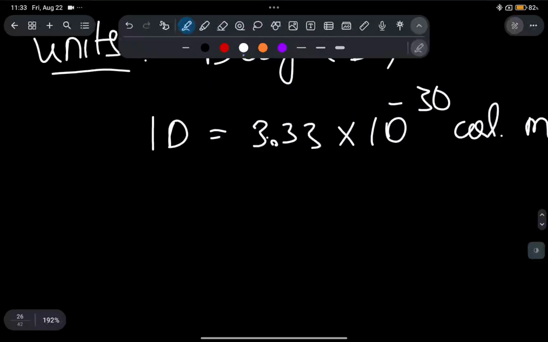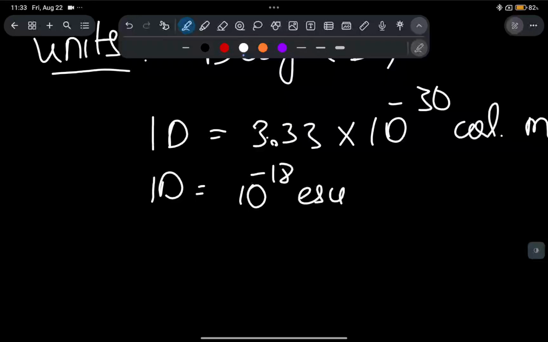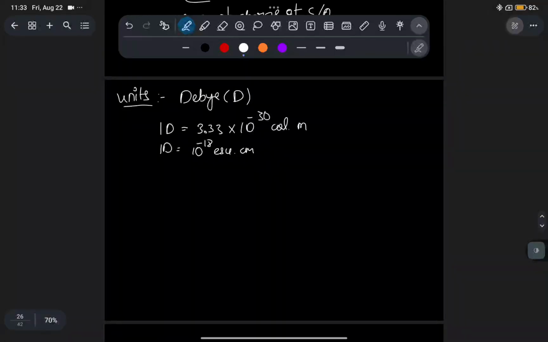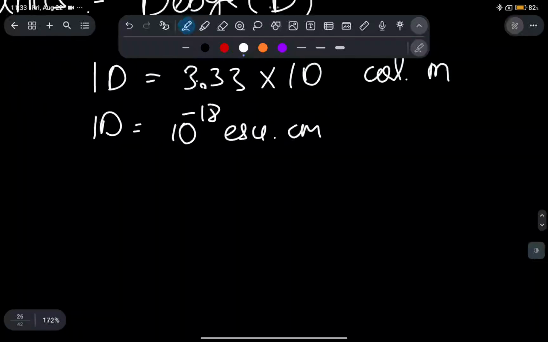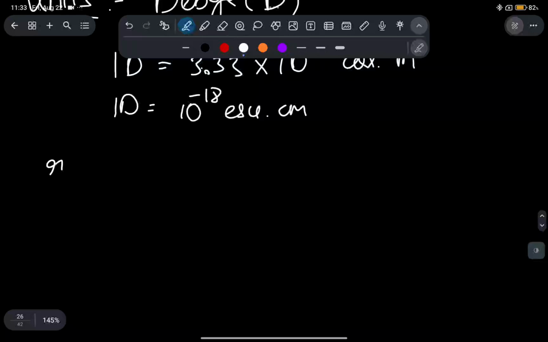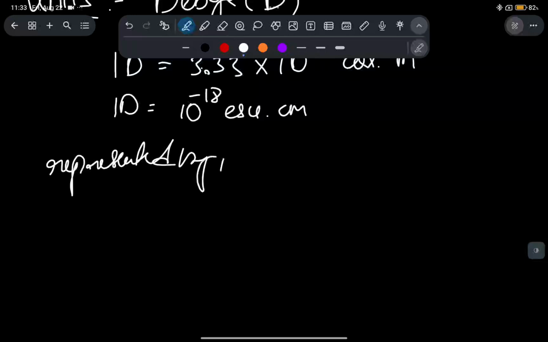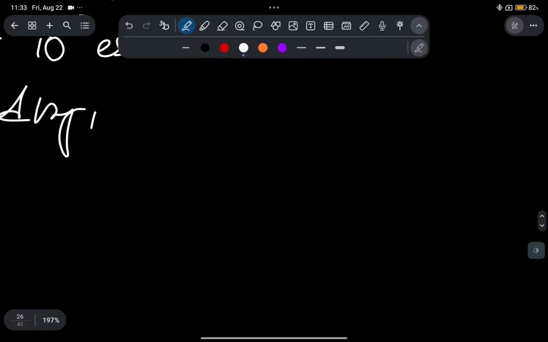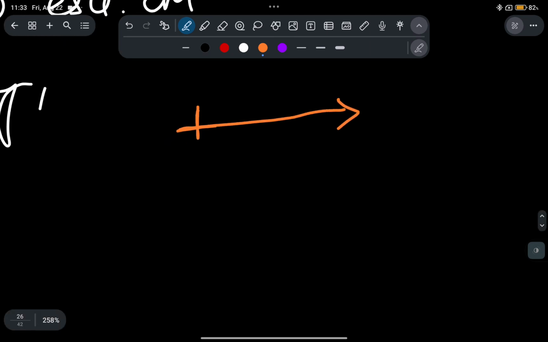1 Debye is equal to 3.33 into 10 power minus 30 coulomb meter, and 1 Debye is also equal to 10 power minus 18 ESU, electrostatic units, centimeter. Sometimes we use that, but the main unit is the upper one. The dipole moment is represented by an arrow with a plus at one end.